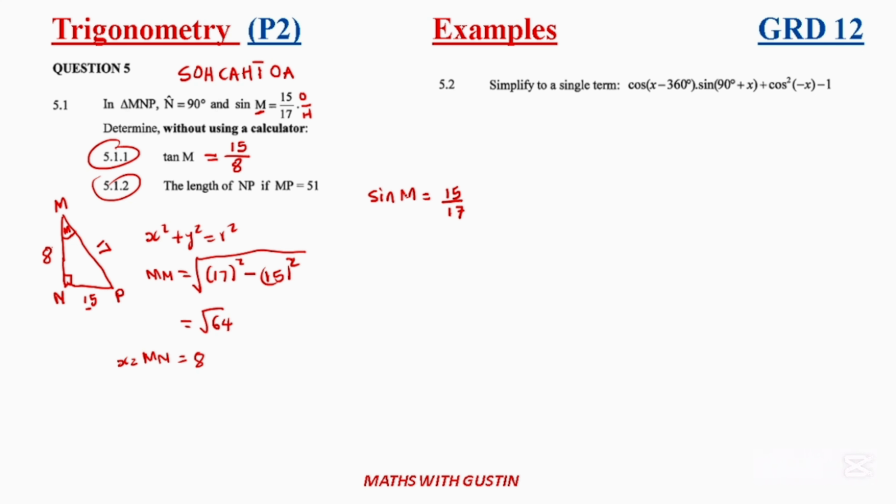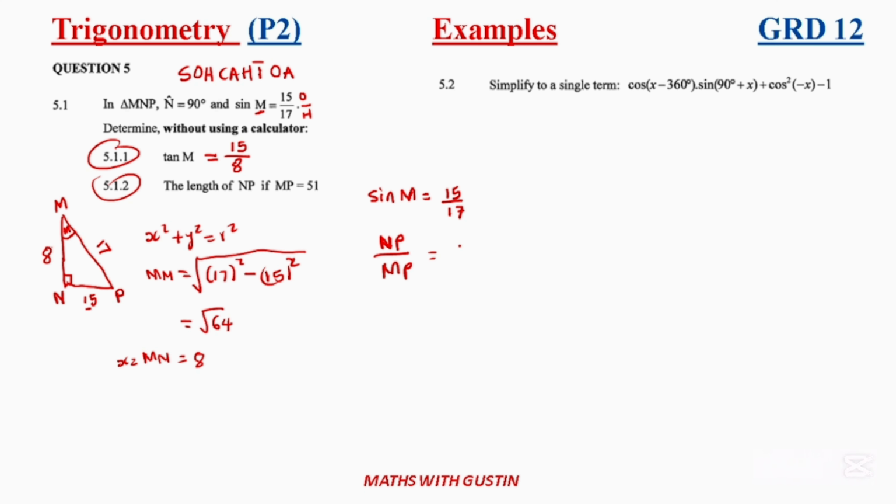If we have something like this, we must find NP, so I'm going to put NP here, all over the hypotenuse, which is MP.